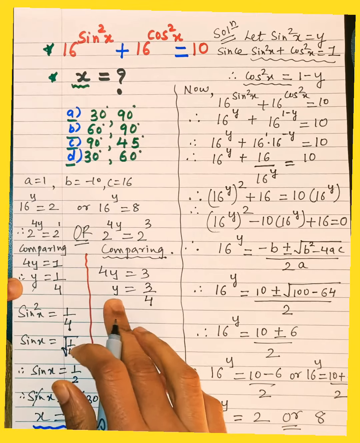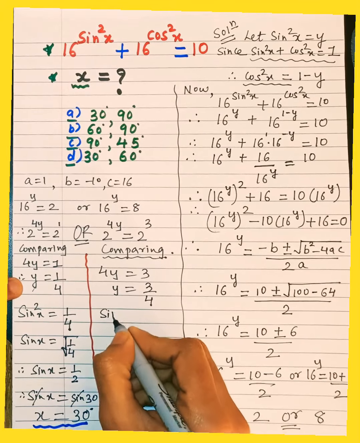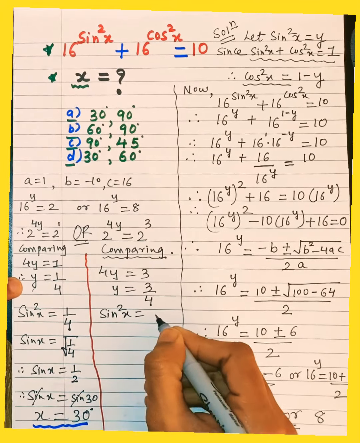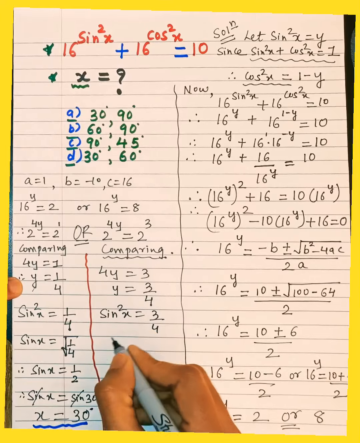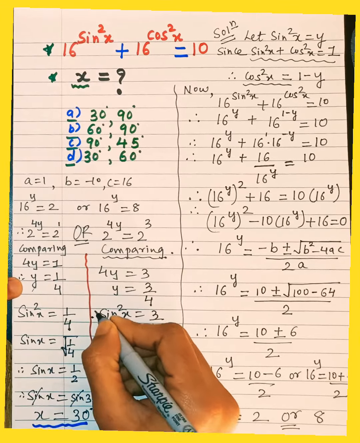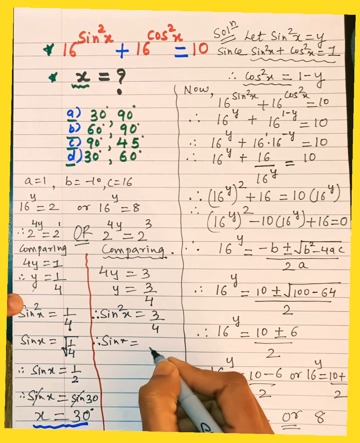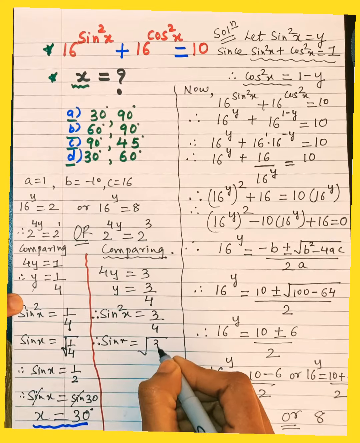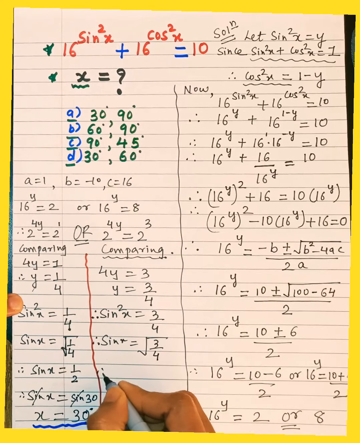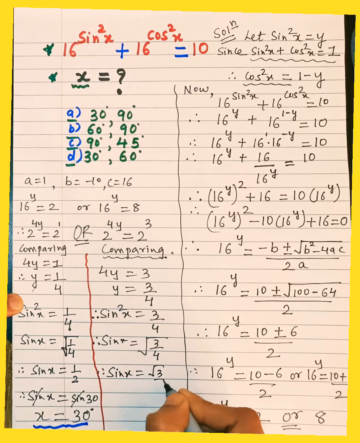Now what was y? y is sine square x. So again substituting back the value, sine square x is equal to 3 upon 4. So sine x, therefore, don't forget to keep this plus or minus sign everywhere. So sine x will be the square root of 3 upon 4, so we will get sine x is equal to square root of 3 upon 2.